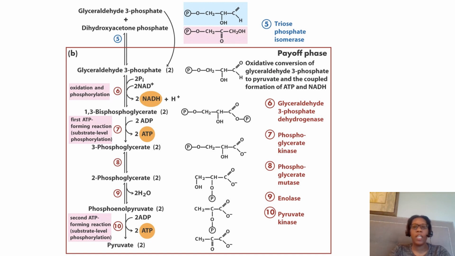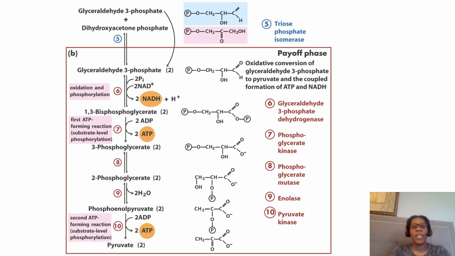At this stage, we're going to utilize phosphoglycerate kinase. Again, another kinase. What do kinases do? They usually take a phosphate from ATP and put it onto the substrate molecule, but in this case, it's named for the reverse reaction. Remembering we're in a payoff phase, we don't want to make molecules of ADP, we want to make molecules of ATP.